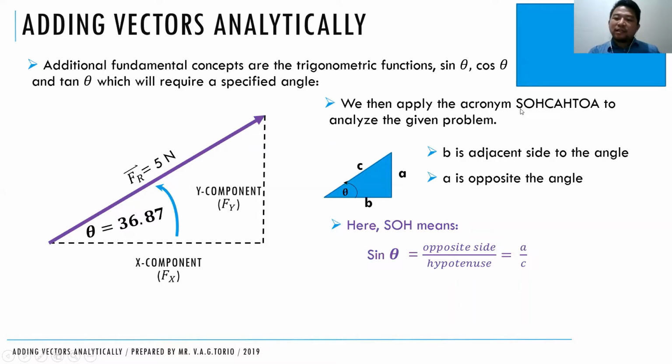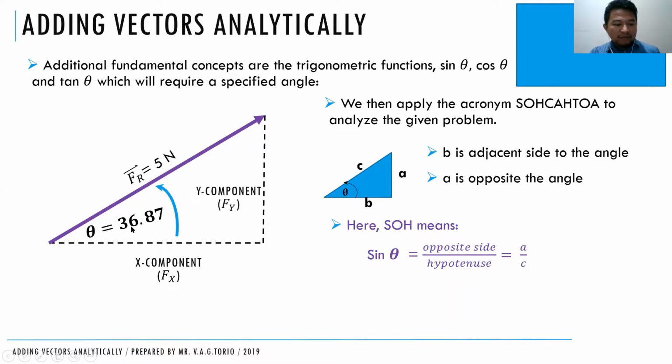So this SOHCAHTOA mnemonic device stands for: sine theta is equal to opposite side over the hypotenuse, which is the longest side. In our similar triangle here, opposite to the angle theta is A, and the hypotenuse is C. That is, the longest side is C.